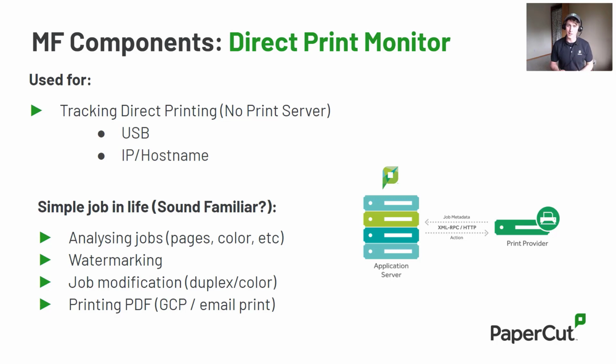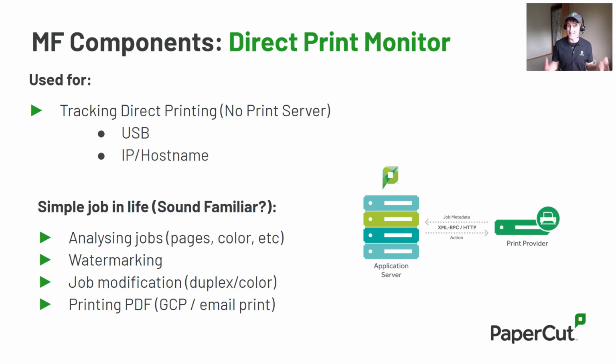Okay, great. So let's start with the direct print monitor, which again, if you remember from one of the first videos, is also a print provider. So the print provider being that thing that tracks the jobs, the direct print monitor is honestly just a scaled down version of the secondary server. And so some of the use cases, and a lot of this is more of a review, are USB printers and printers that are configured direct IP or direct to the host name.